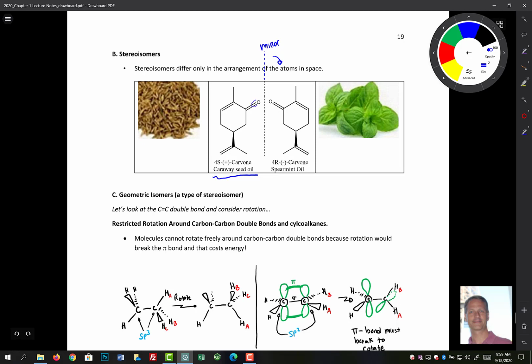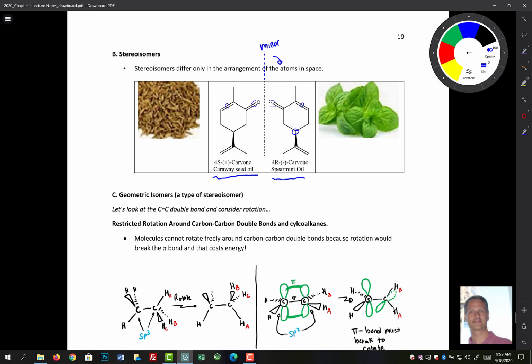Oxygen's pointing in here, it's pointing in here. You got your carbon, carbon out, carbon, carbon out right there. Now, it turns out that these molecules are different because they are not superimposable on each other. So if we rotate our spearmint oil around, then we get this not lining up in the correct orientation. And it's called spearmint oil, so it smells like spearmint.